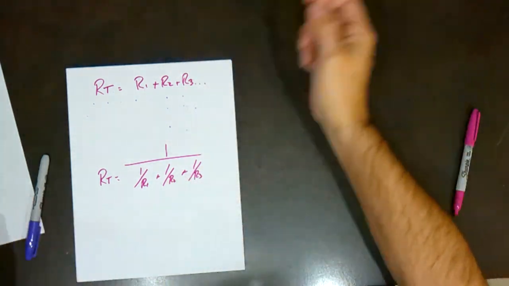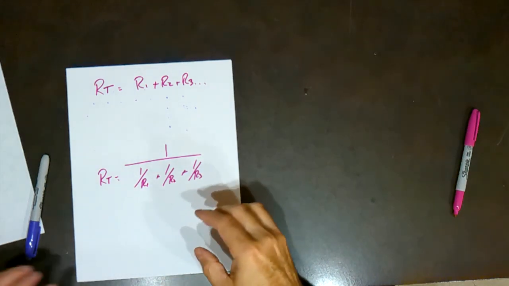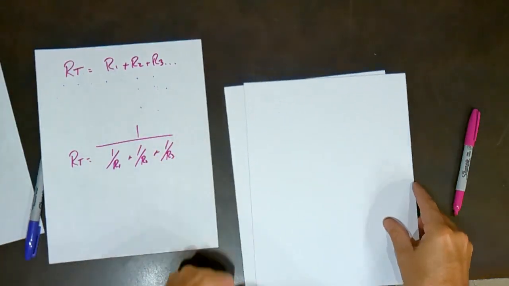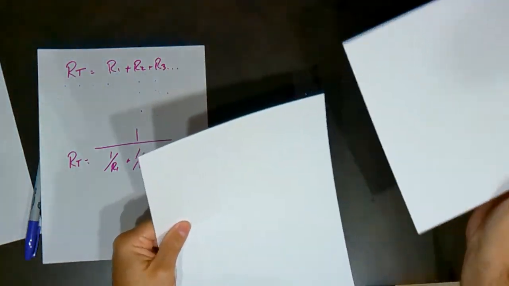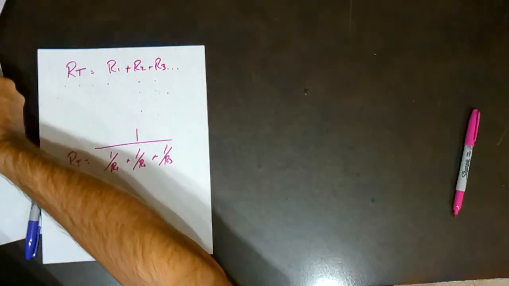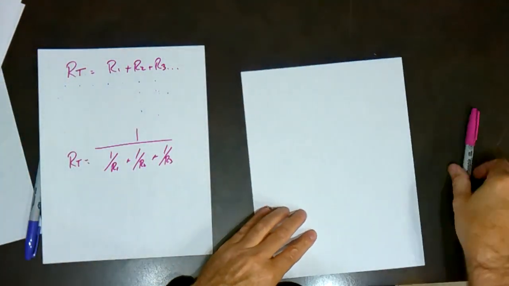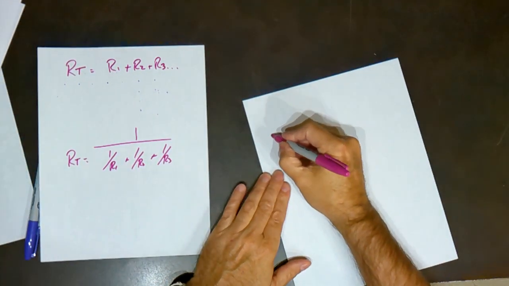Another type of series parallel circuit would be something that looks like this.